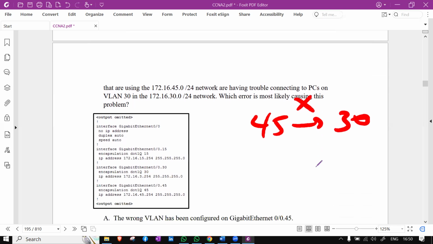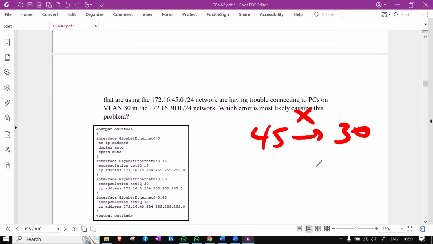I can see on the PC on VLAN 30 that the address is incorrect. It was set to .3 instead of .30.